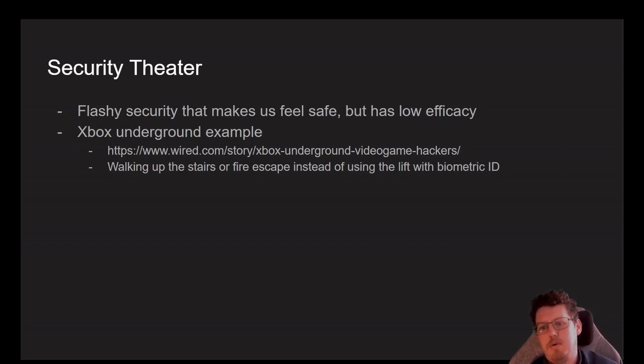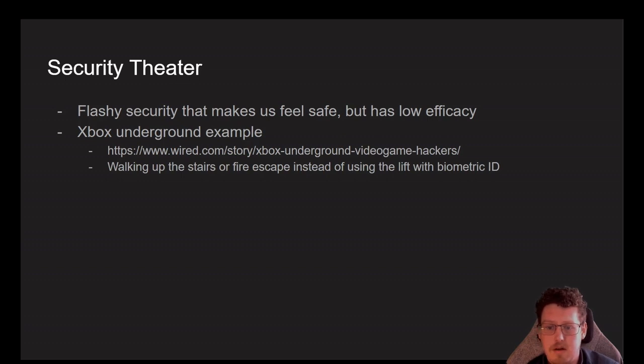So an example here of how people can bypass security mechanisms is that there were some development kits on an upper floor in this office, in a protected room, and in order to get up to these higher floors you had to have a biometric ID.